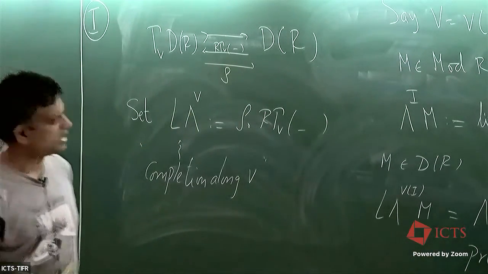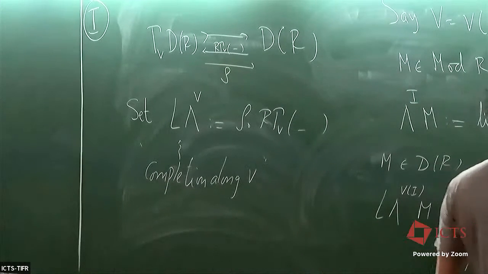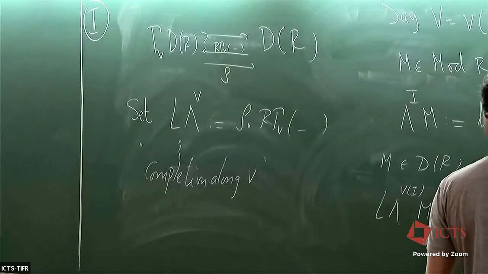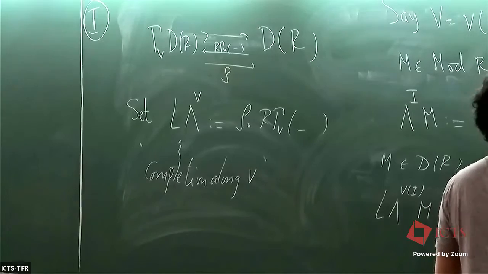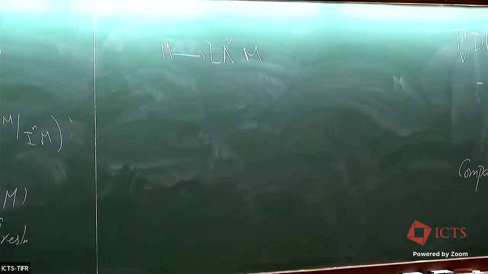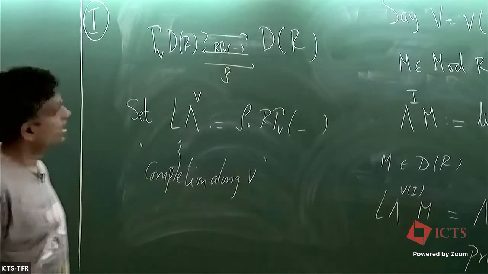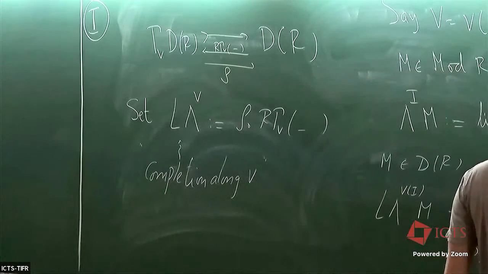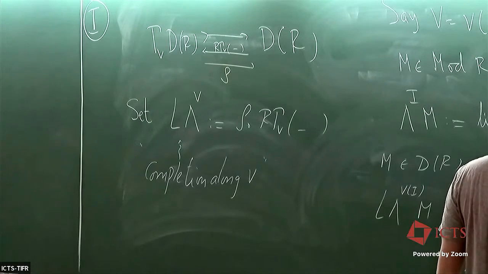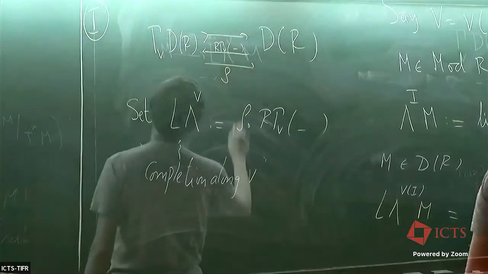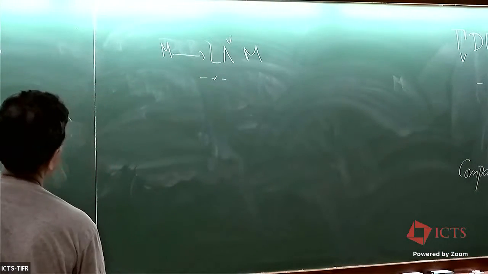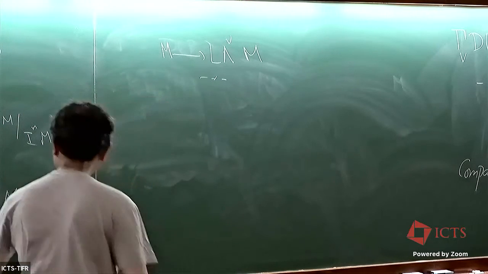So I want to discuss this a little bit. As I said already, when you're looking at the closed set, this is the I-adic completion. Now, if you look at, let me see what I want to say next.